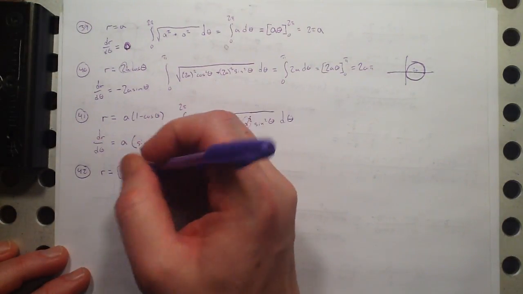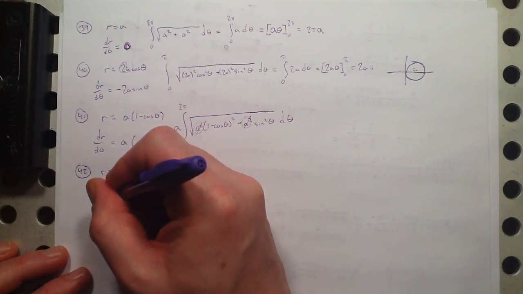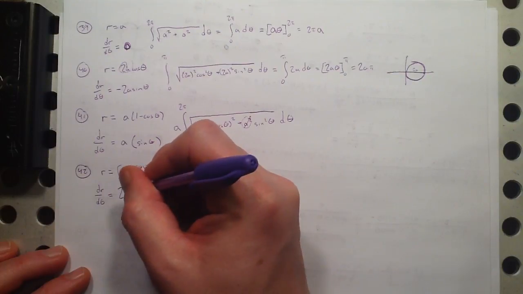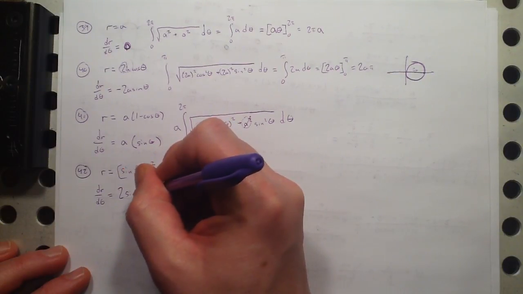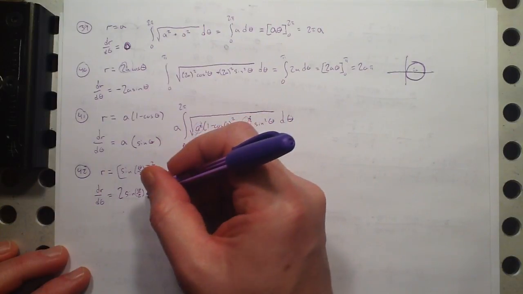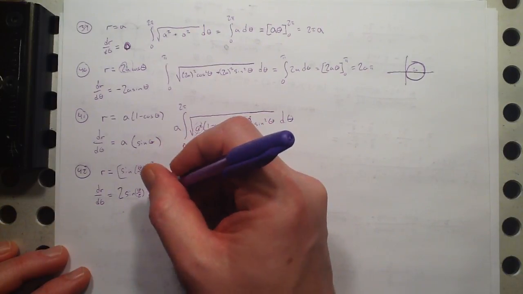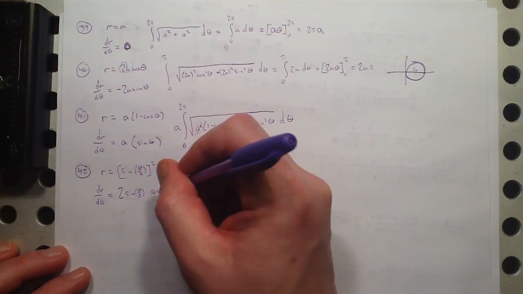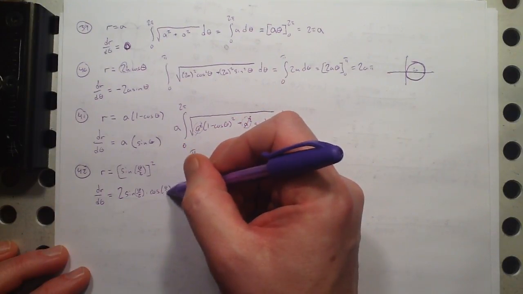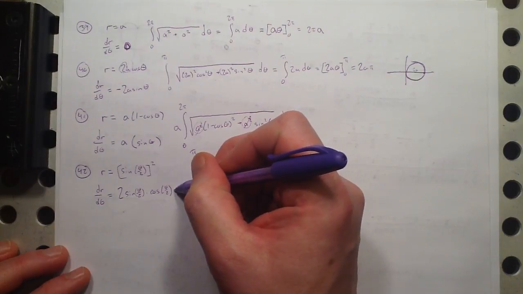All right, so taking the derivative, dr d theta is equal to 2 sine of theta over 2 to the first power, that's the power rule, times the derivative of what's inside, cosine of theta over 2, and then again times the derivative of what's inside, because that's not just theta, so times 1/2.